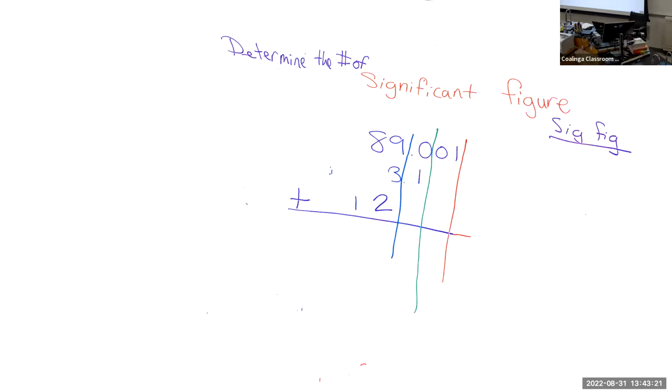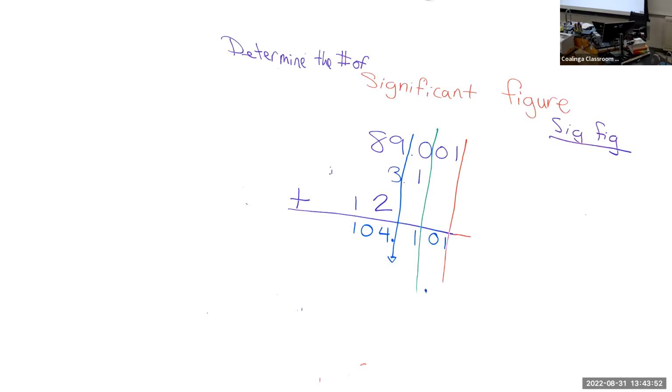Okay, so let's go ahead and add them up. So we have 1, 0, 1, 4. So the one that has the least number of significance is that blue, right? It's not the least number of significance, but the one whose significance is closer to that number is the blue.